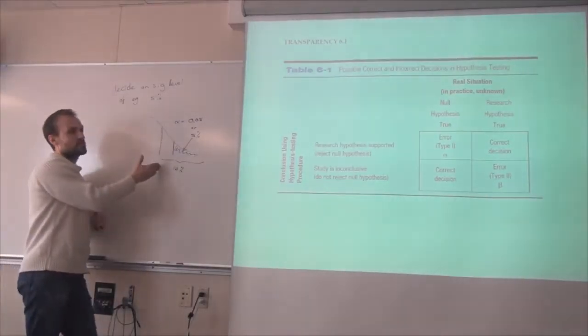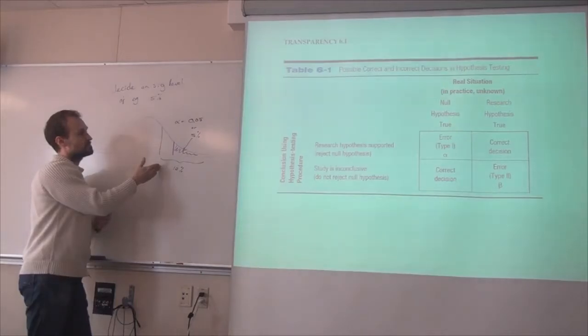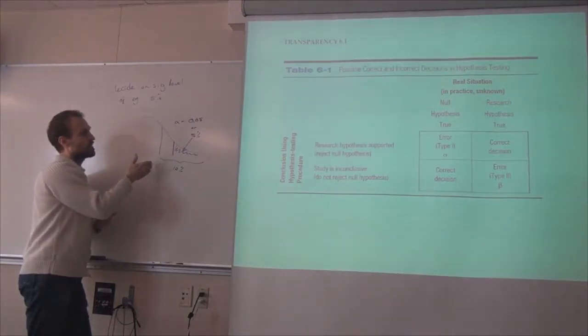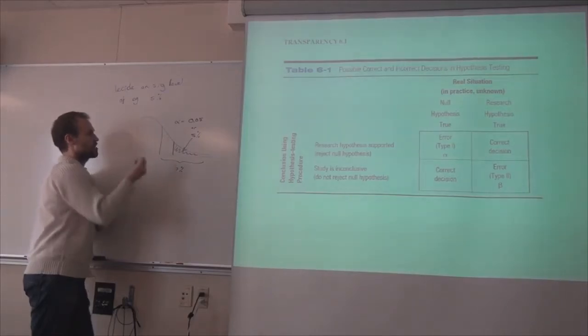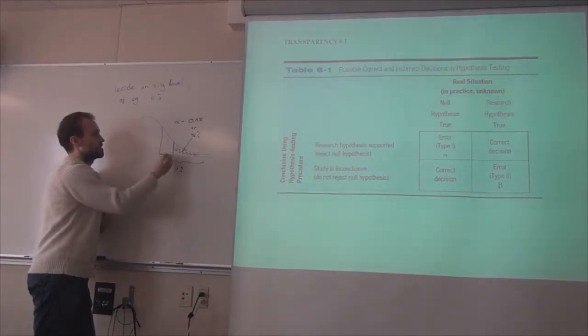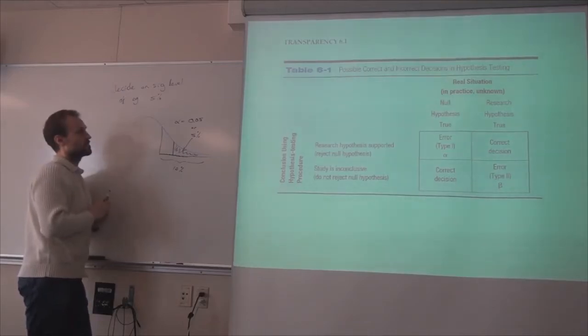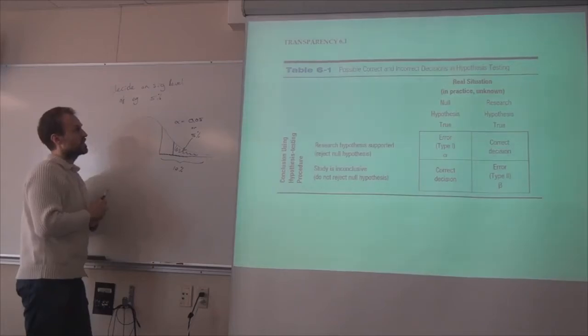Well, if I go for 10%, that means I'm going to reject the null hypothesis whenever I'm in this area over here. 10% of the values will cause me to reject the null hypothesis.